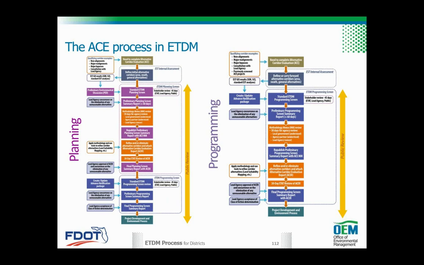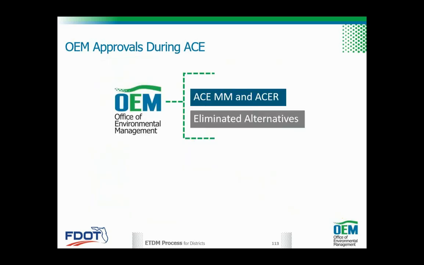But if you want to eliminate for other factors, you have to expand your review and analysis, and you've got to have some methodology, and you've got to have some reviews and some concurrence throughout the process. So when we follow the ACE process, we've got all those things, which ultimately allow us to eliminate the unreasonable alternatives and then have those decisions stand in a planning environment and then get adopted if required, or get adopted into the NEPA process when we choose to do so, when it's appropriate.